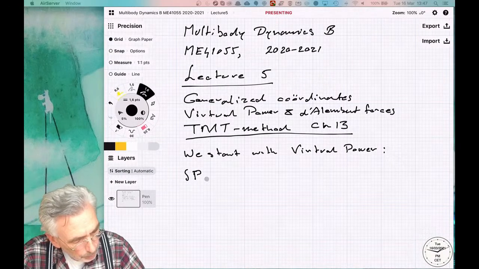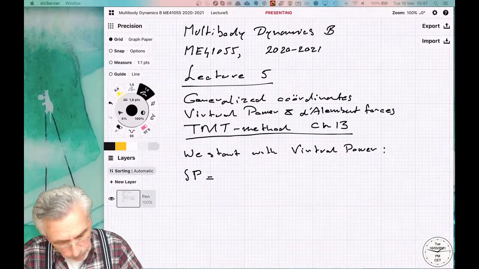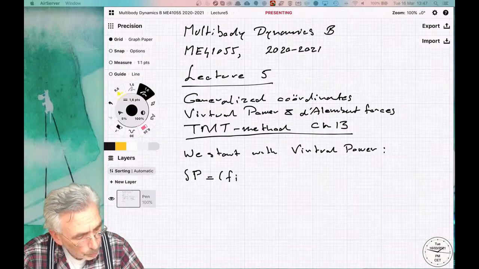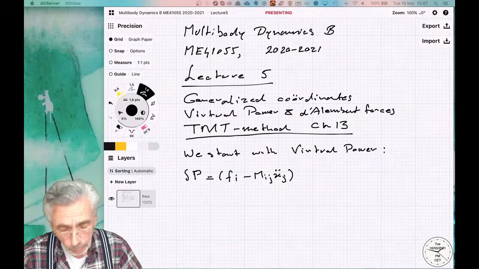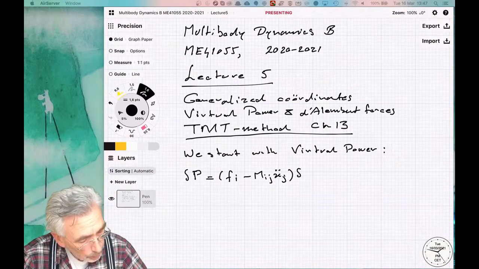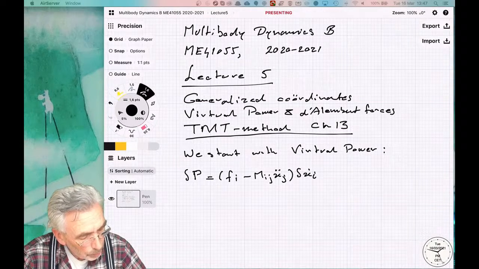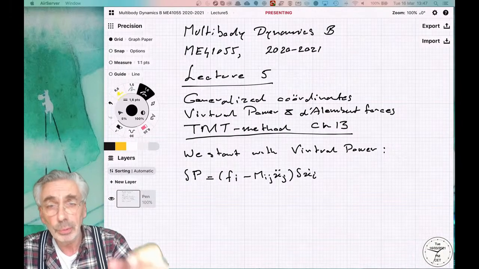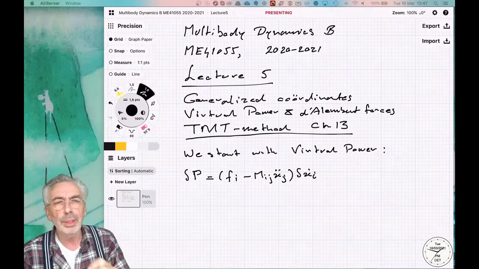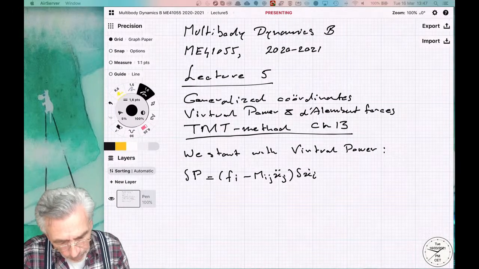So that virtual power equals, well, we have applied forces to the system, and then we take these D'Alembert forces, we subtract them. Then we have the total set of forces, times the virtual velocities, because it is the product of force times the velocity of the point of application of the force. There are so many hidden words in the things we describe.